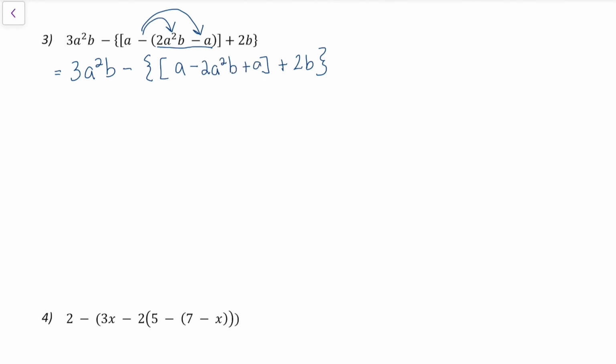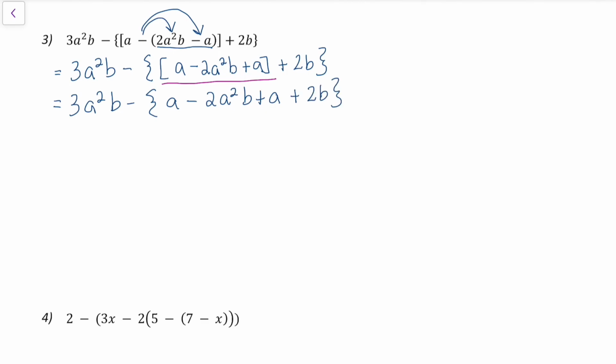So that minus 1 kind of changes the sign of the terms inside. And now I can expand this bracket here. There's nothing outside of it to multiply, so it means I can kind of just get rid of it. Because it's just multiplied, let's say, by a 1, so that doesn't really change anything.